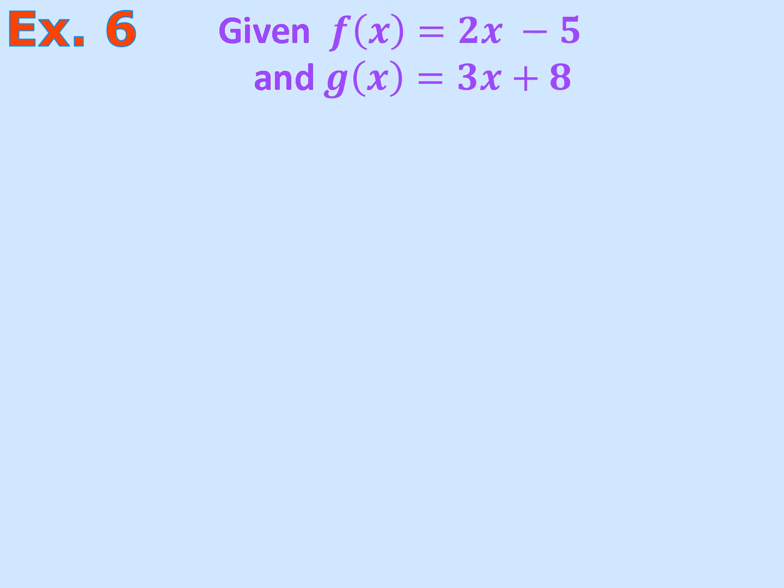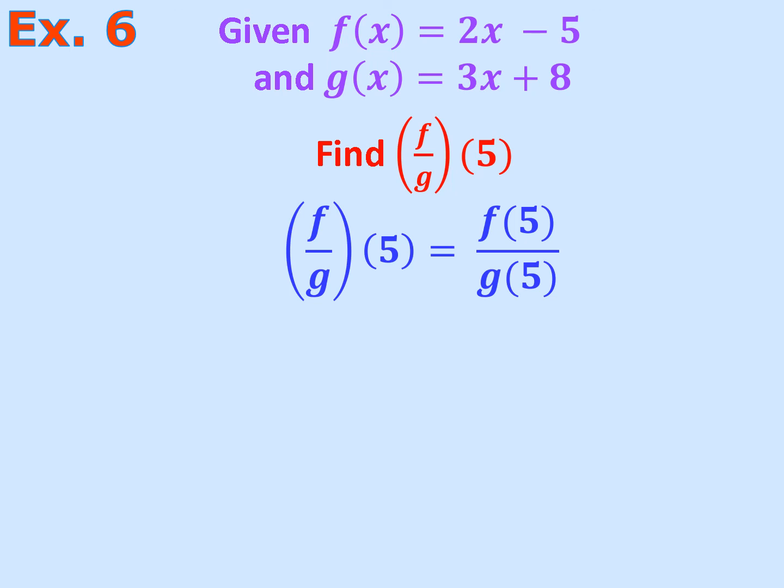All right, example 6, given f of x equals 2x minus 5 and g of x equals 3x plus 8, I want you to find f divided by g of 5. So remember, f divided by g of 5 means the same thing as f of 5 divided by g of 5.